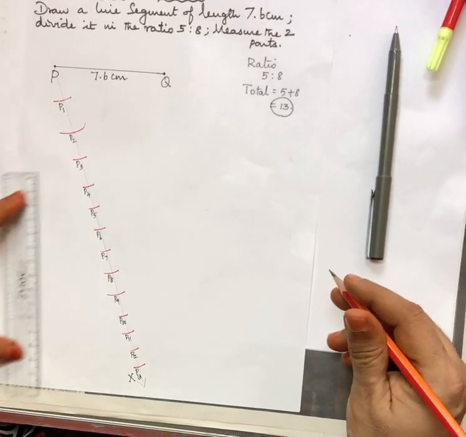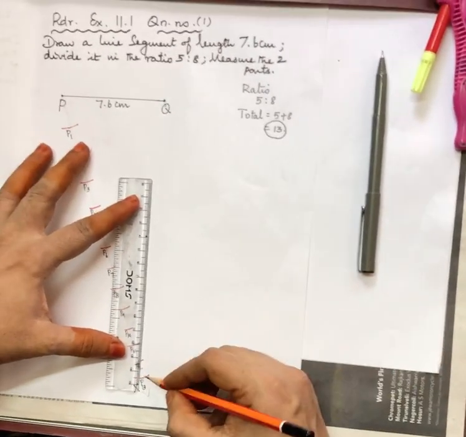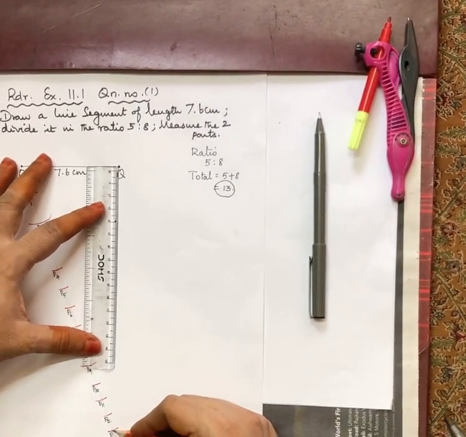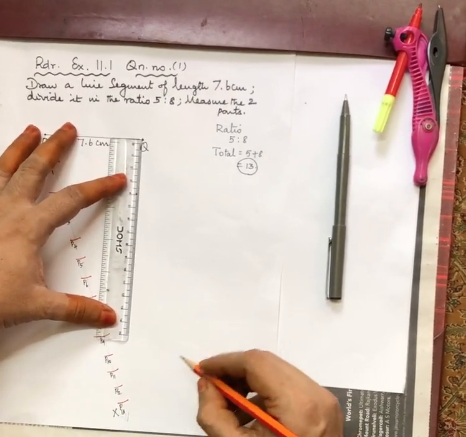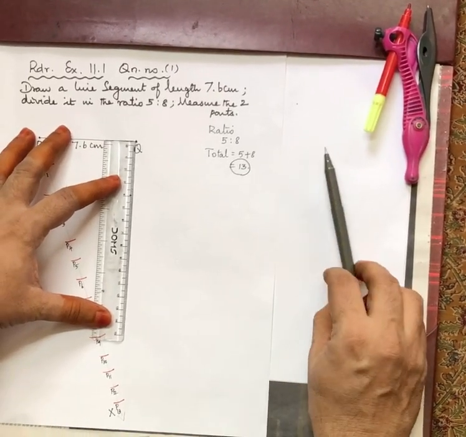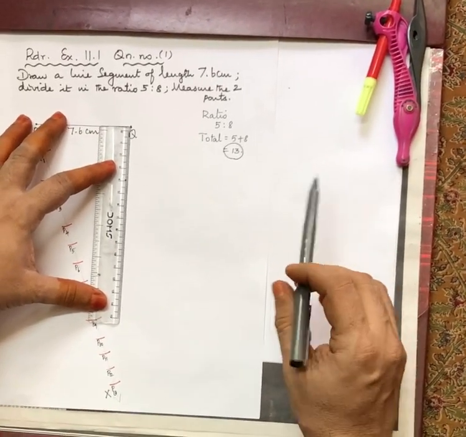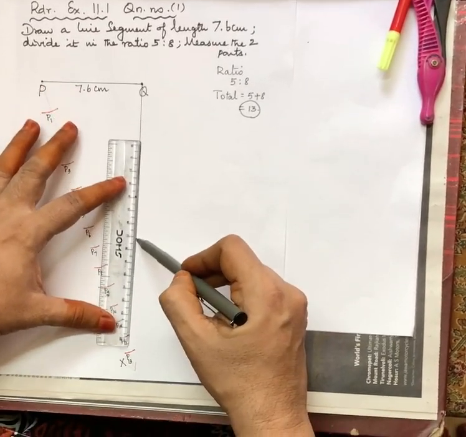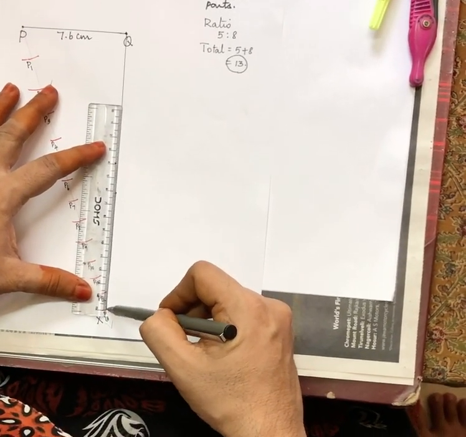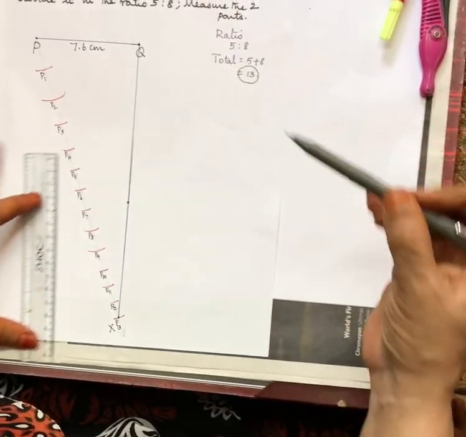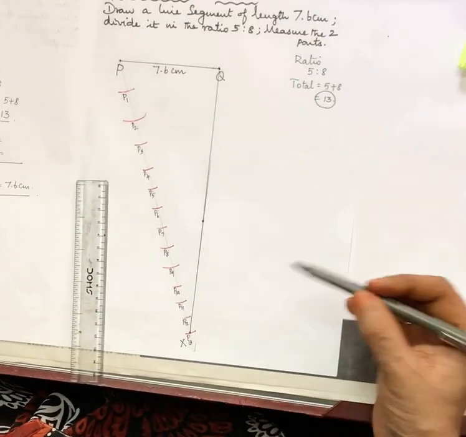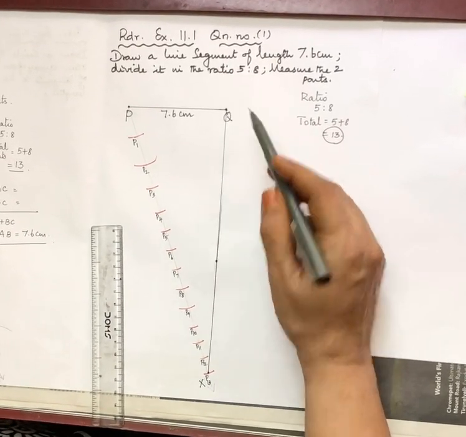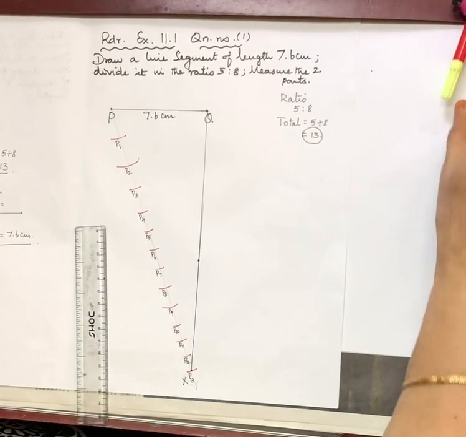So, this P13 you have to join with Q. Very carefully you move the scale and you should have a straight line. Join P13 to Q. This is the first part.